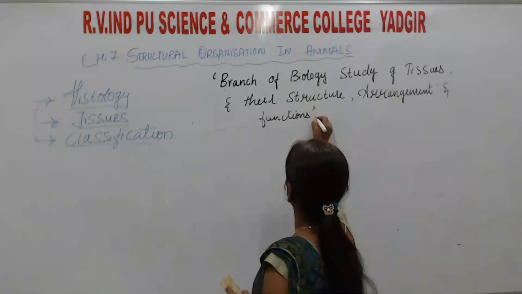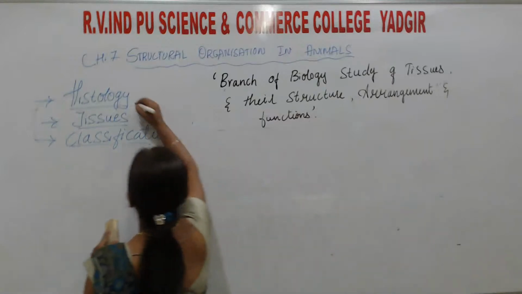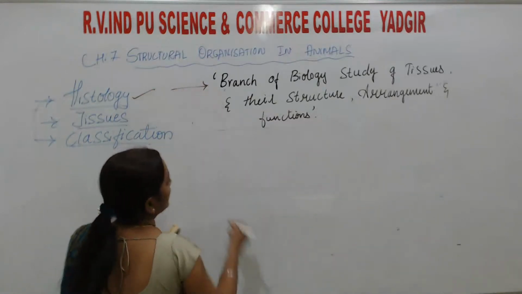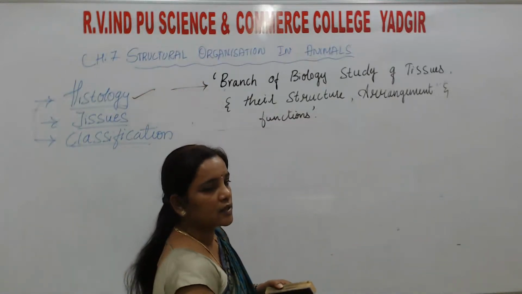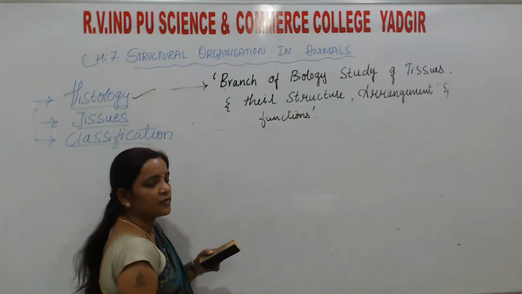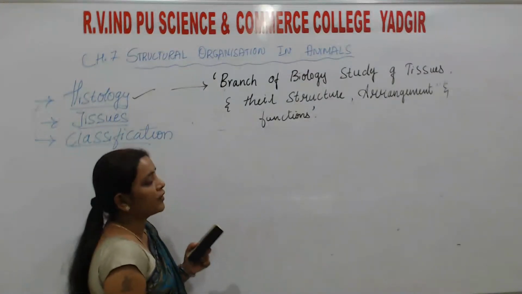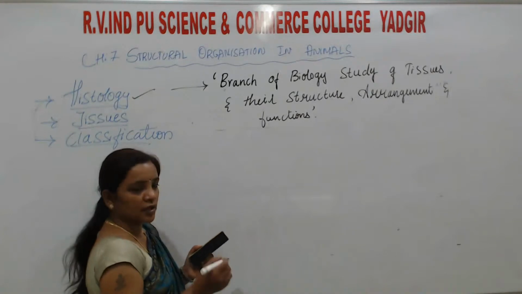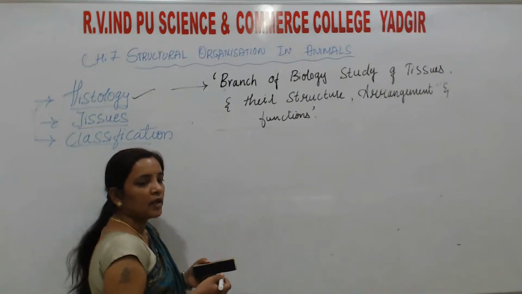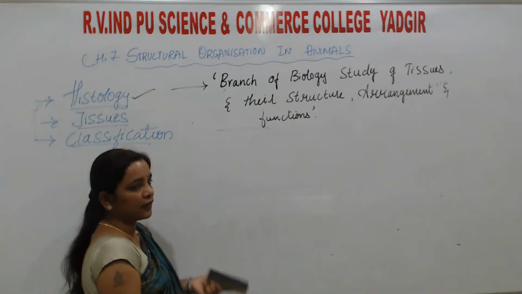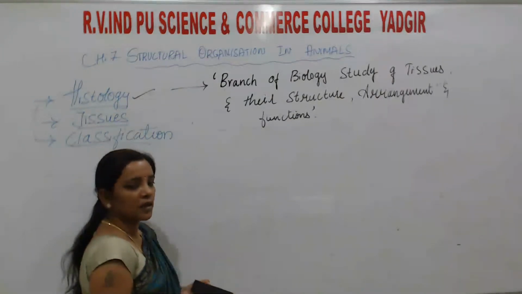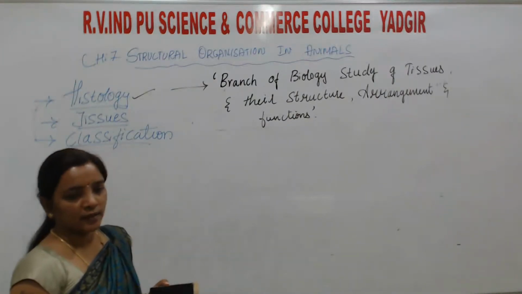This is termed as histology. The definition of histology: it is a branch of biology which deals with the study of tissues and their structure, arrangement, location and their functions. We are going to study this in the histological part.